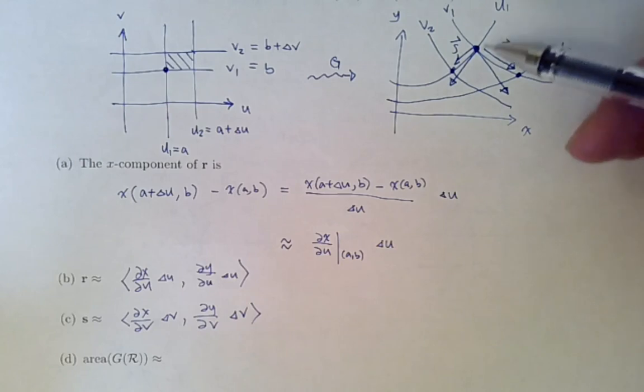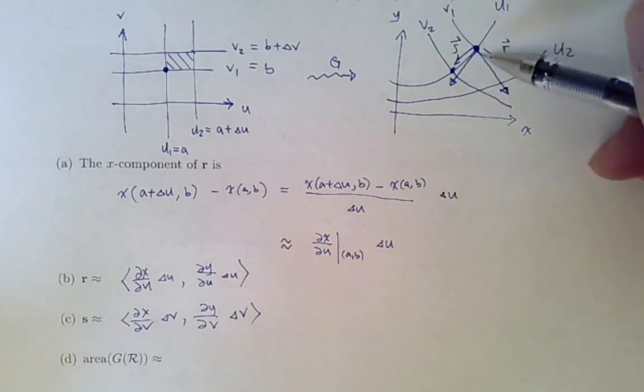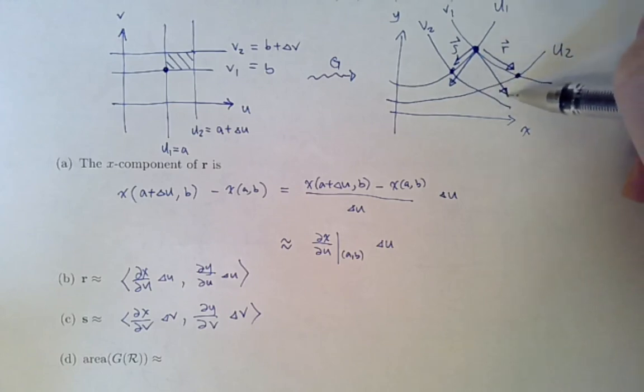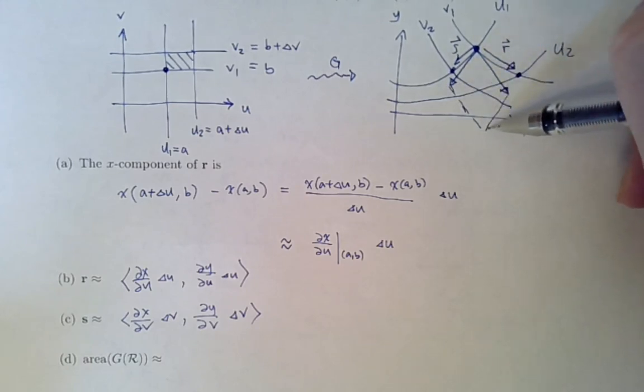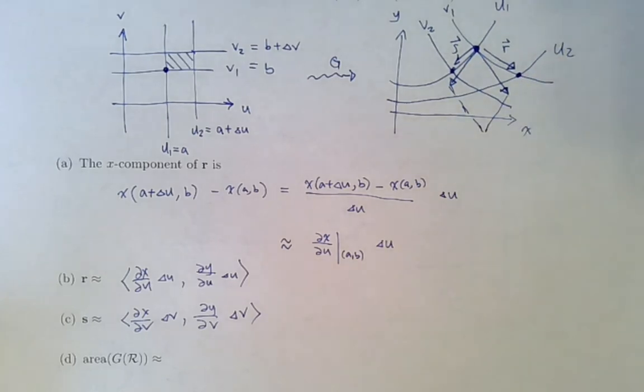Area of this weird shape, instead of using that shape, we'll use the parallelogram that's formed by these two vectors. So here's two approximations. I could have used the actual r and s vector to write a parallelogram. That would already not match this weird shape.